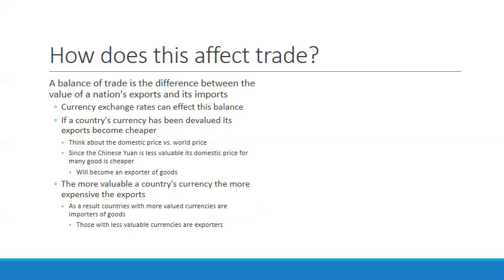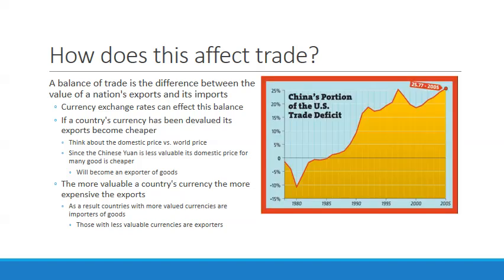So they're selling their goods overseas because their prices are cheaper, whereas with the United States and our high incomes, we automatically become importers of goods because we have higher incomes on average than a lot of other countries. So when you look at China's portion of the U.S. trade deficit, notice that it continued to increase. It was at its lowest point in 1980, where it was under 10%, and at its highest point in 2005, where it reached just over 25%.